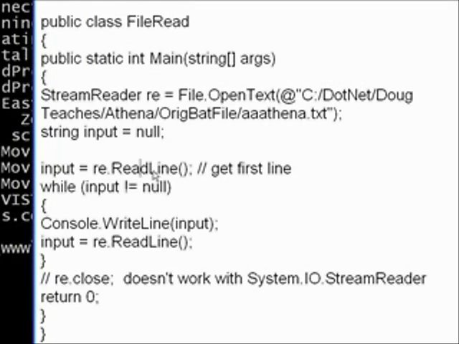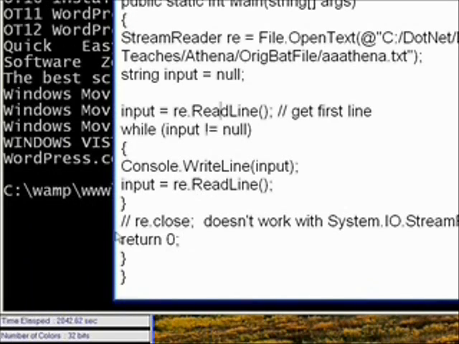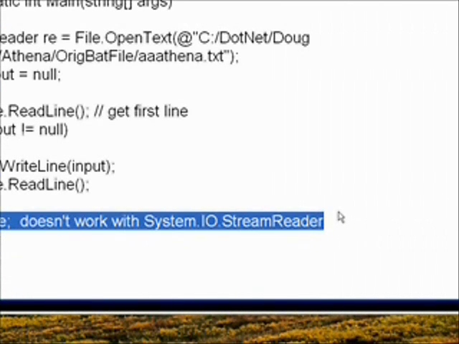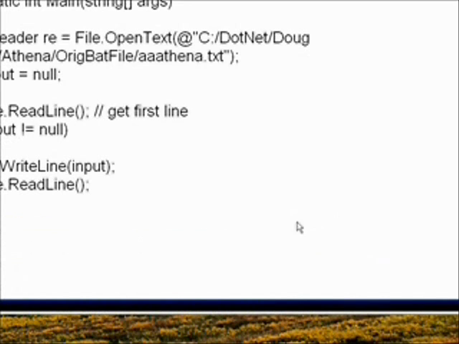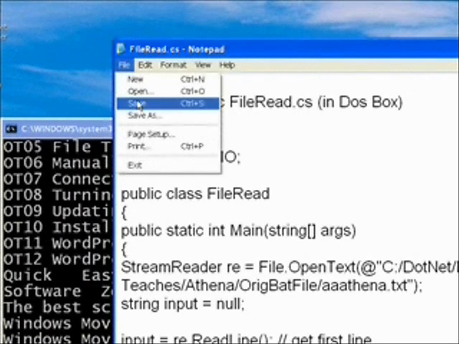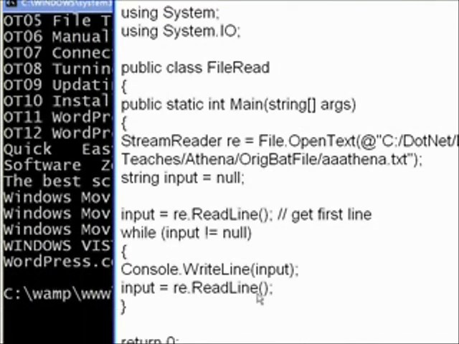So I'll delete that, save it, and what we could have added here at the end is re, which is our stream reader object, dot Close parentheses, and that would close the handle we opened with the File.OpenText and used for the read lines.